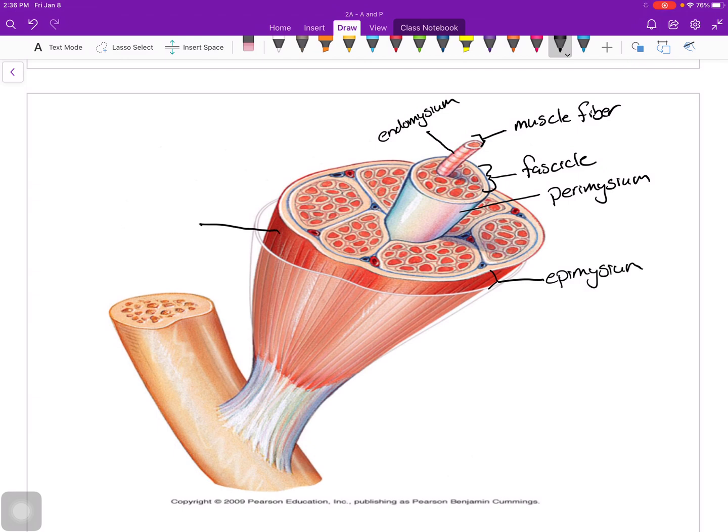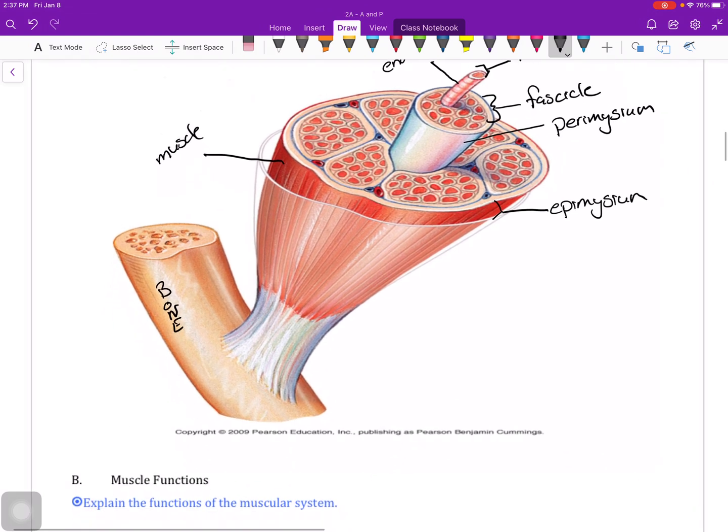Because this is your muscle tissue. Obviously, this is bone. And then here we have that cord-like tendon that connects muscle to bone.